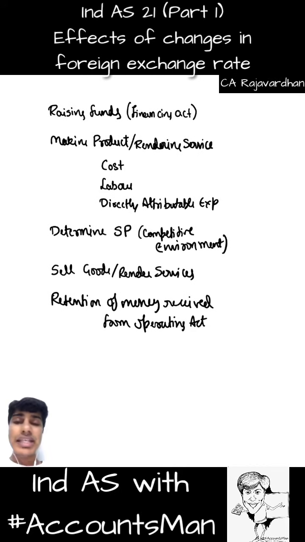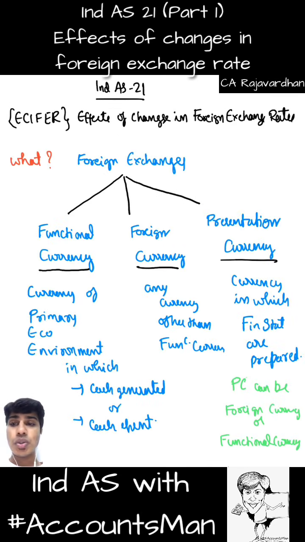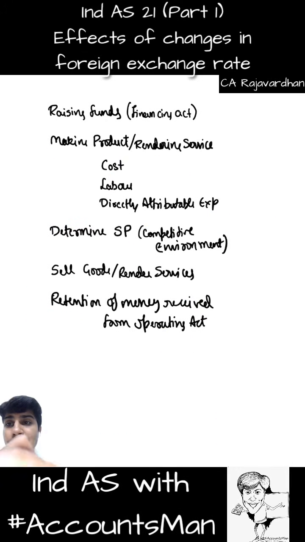So these are the factors that are supposed to be considered in the determination of the functional currency. The entire discussion that I'm doing now is the determination of my functional currency. Out of these factors, the first one is raising of funds, and the last one is the retention of the money received from operating activity.